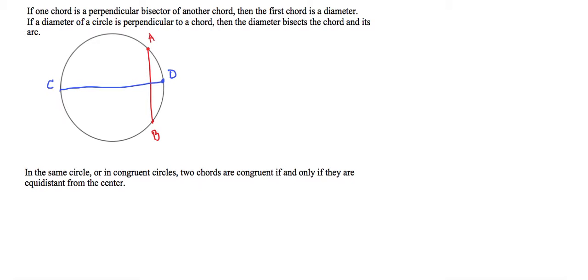And remember, perpendicular means 90 degrees, and bisector means to cut it in half. Okay? So if CD cuts AB in half at a 90-degree angle, then the first chord is a diameter.